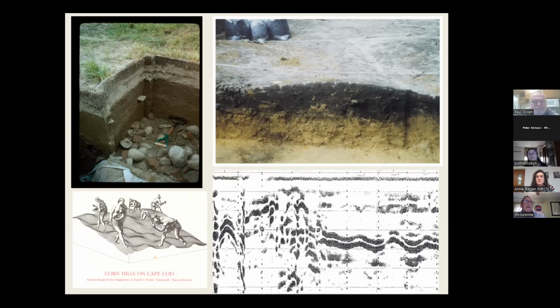And it turned out to be a major settlement site there. The image on the bottom is a radar profile that I was asked to map out the boundary of this corn mound. And they actually took the data that I did and made that little postcard on the left-hand side. So that was pretty cool.